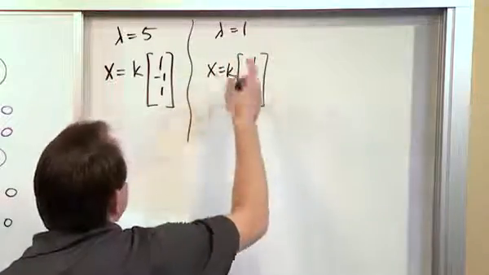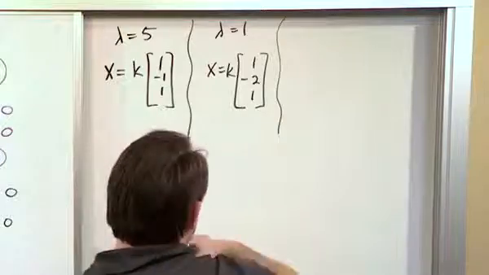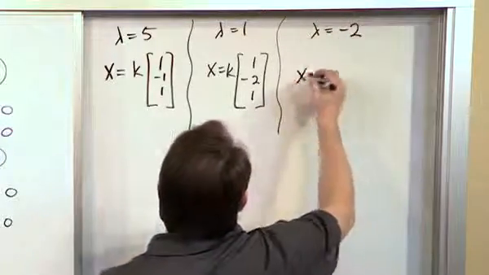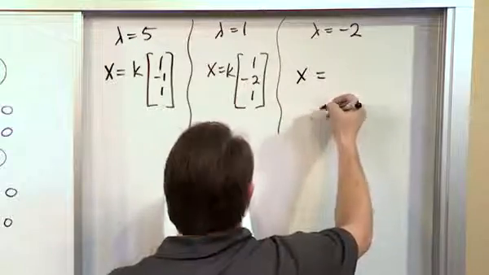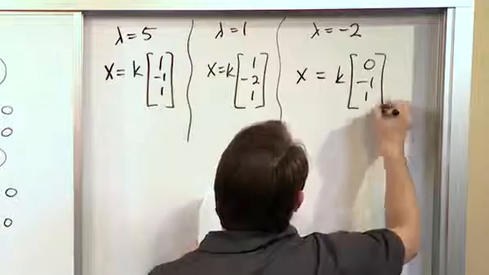That means an infinite combination of those. And then finally, the last eigenvalue we had was negative 2. And the eigenvector associated with that is 0, negative 1, 1. That's what we just found.